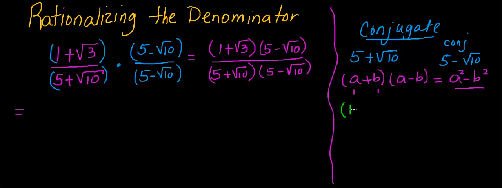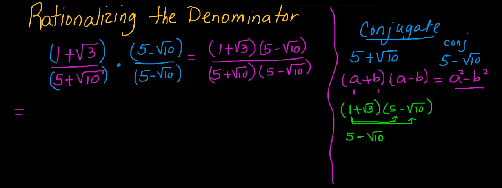So I have 1 plus the square root of 3 times 5 minus the square root of 10. I take the first number times the first one here, 1 times 5, that gives you 5. And I take that same number times the second term, which is negative square root of 10. So 1 times negative square root of 10 will give you negative square root of 10.